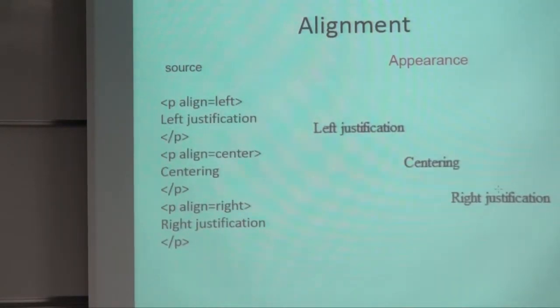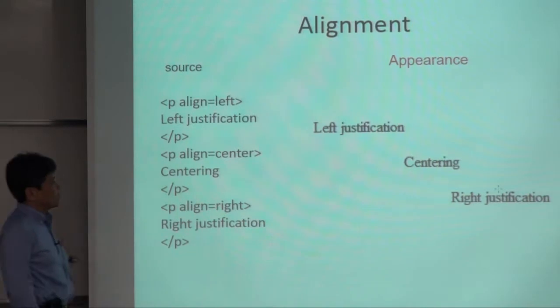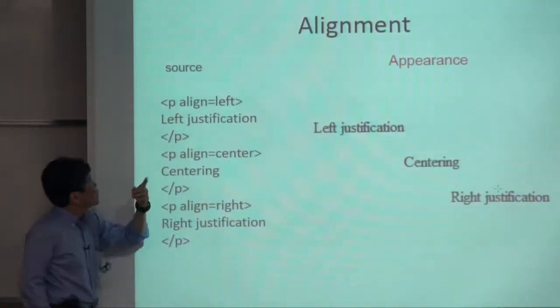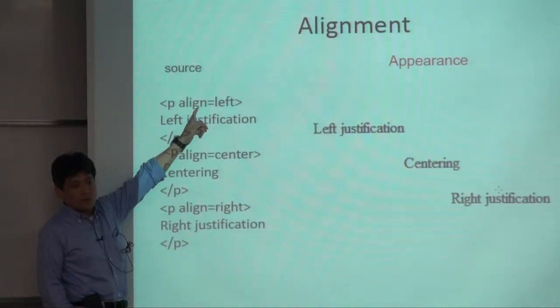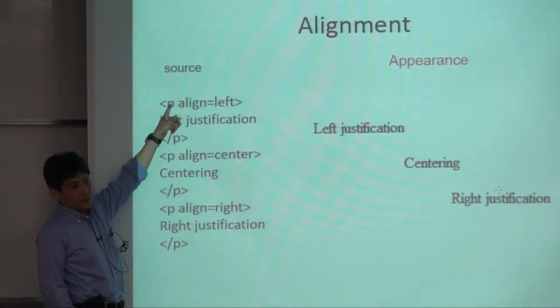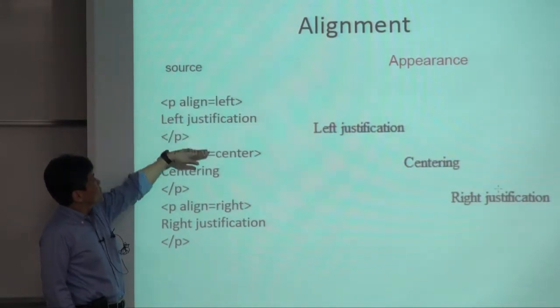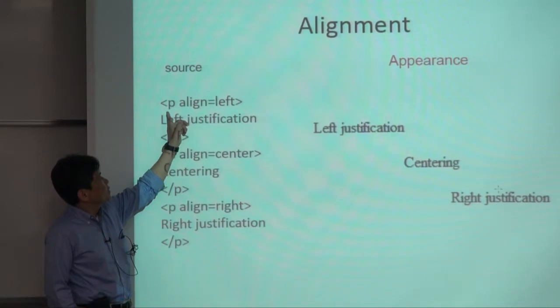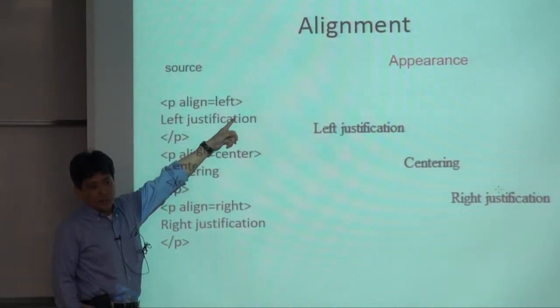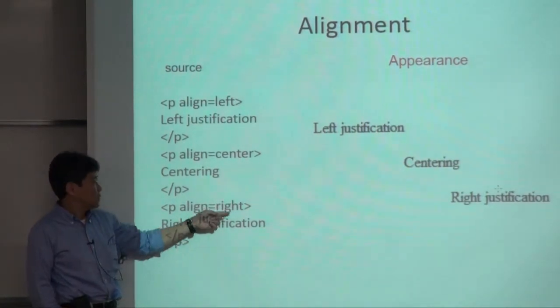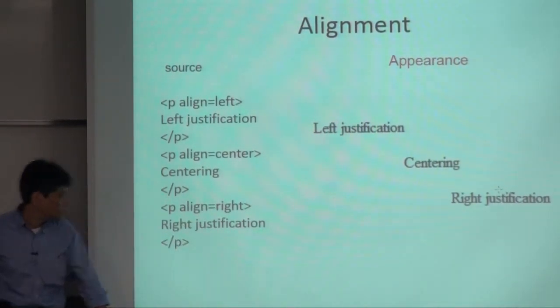Also you can specify the alignments, left justification, centering, right justification, using the alignment parameters. Okay, P means the paragraph. So inside this, the characters are automatically left justified. In this case, centering and right justification. Okay.